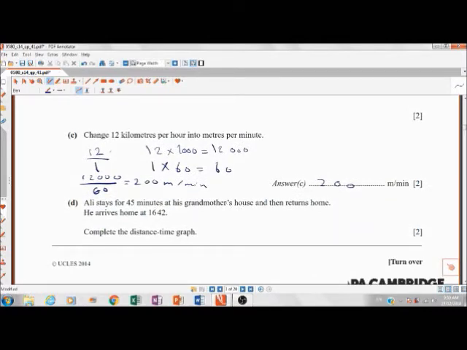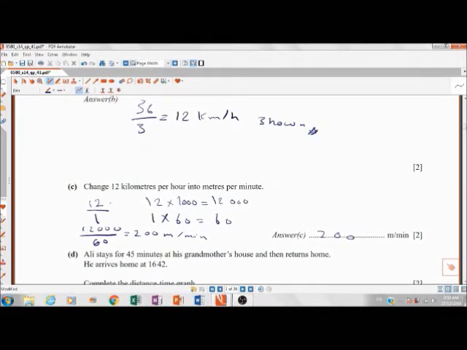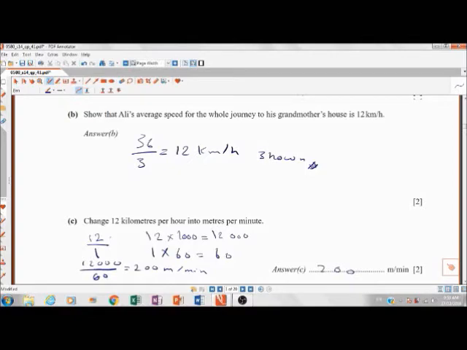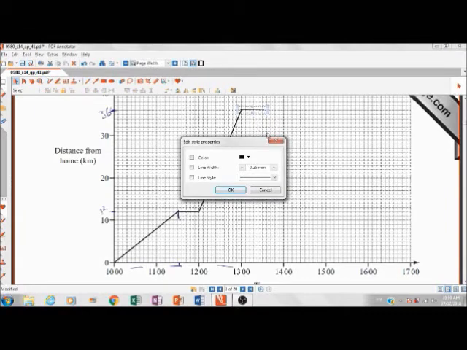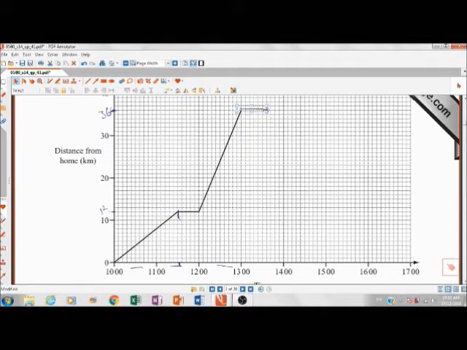Alright, Ali stays for 45 minutes at his grandmother's house and then returns home. Complete the distance graph. Staying in a distance time graph means it's a horizontal line because it doesn't move. And then he returns home at 4:42. So from here, he stays until around here.